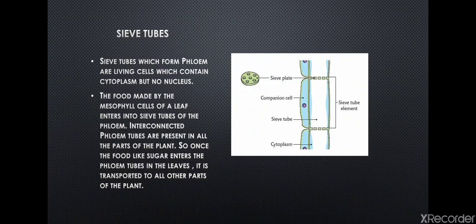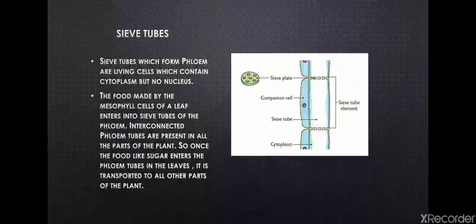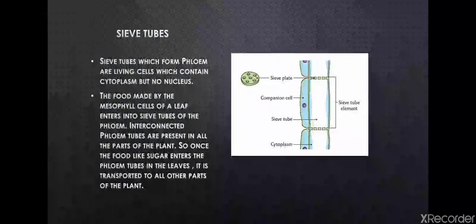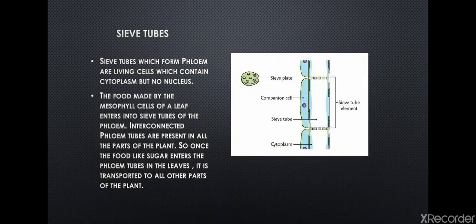So once food like sugar or glucose enters the phloem tubes in the leaves, it is then transported to all other parts of the plant. Here in this picture you can see the structure of sieve tubes. We have companion cells, sieve tubes, and cytoplasm. This is the structure of a phloem tube.